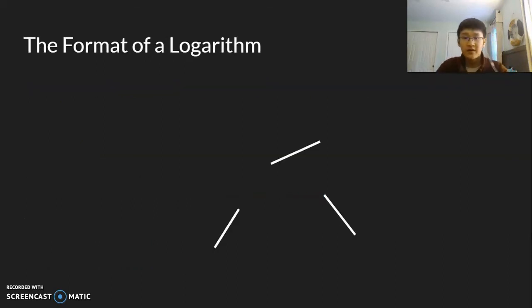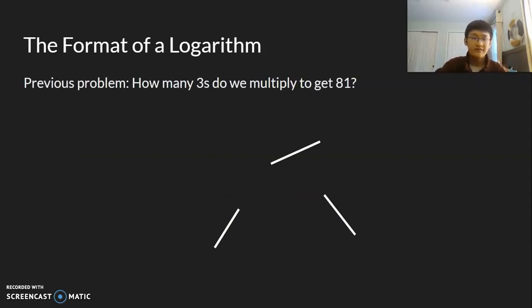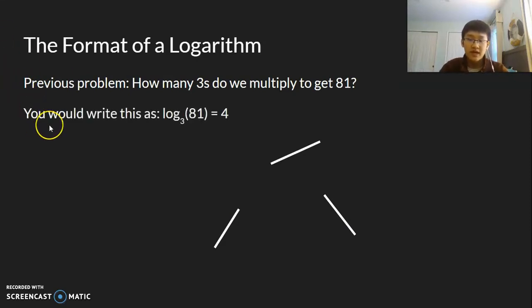So, the format of a logarithm. In the previous problem, we asked, how many 3's do we multiply to get to 81? You could write this as log base 3 of 81 equals 4. We'll go over how that is formatted. I promise this will get easier as you do more problems.